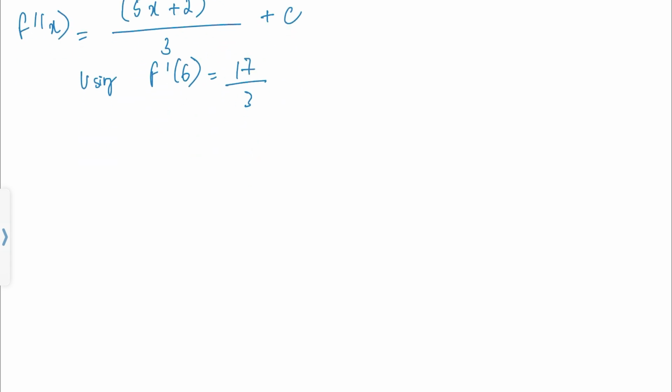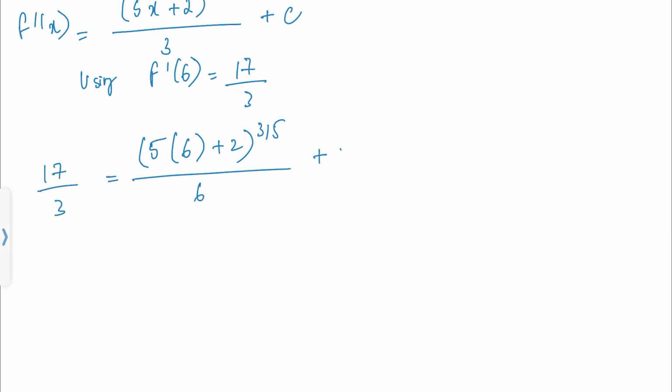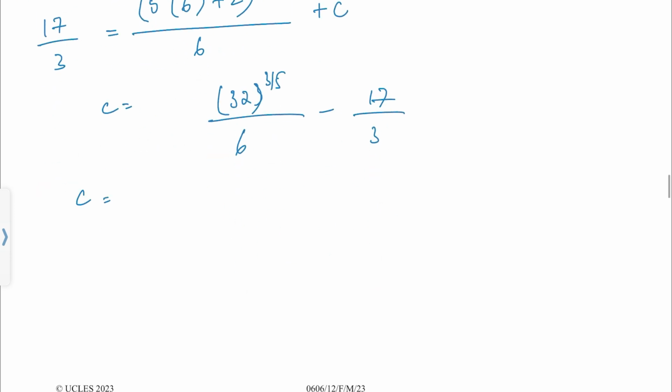We'll be plugging x as 6, and we'll be evaluating it: 17 over 3 is equal to c. c would be, sorry, let's simplify this a little bit. 32 to the power 3 over 5, over 6, then minus 17 over 3. This would be our c.